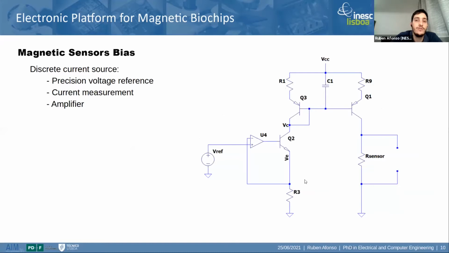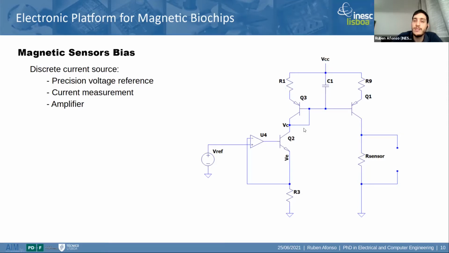In our work, we decided to have discrete current sources. A precision voltage reference is used at the input of this amplifier that generates a voltage across R3. Since it's an amplifier, the voltage in R3 is the same as VREF, but we force a current in R3. The current on R3 is the same on Q2 and is the same on Q3.